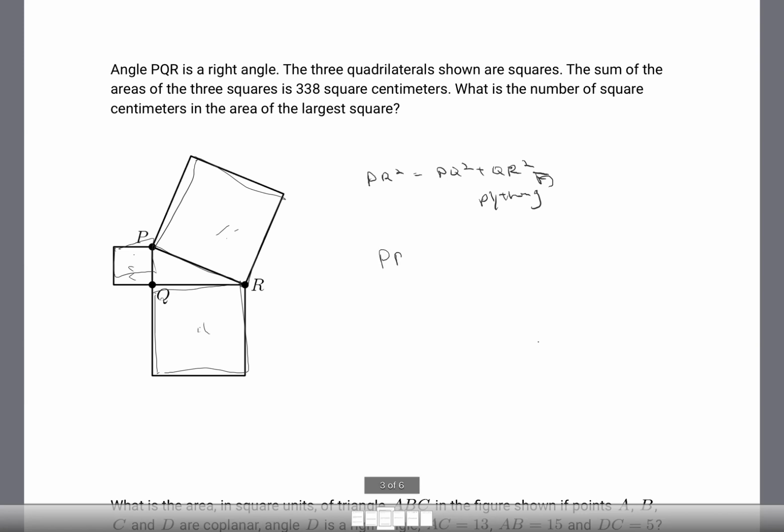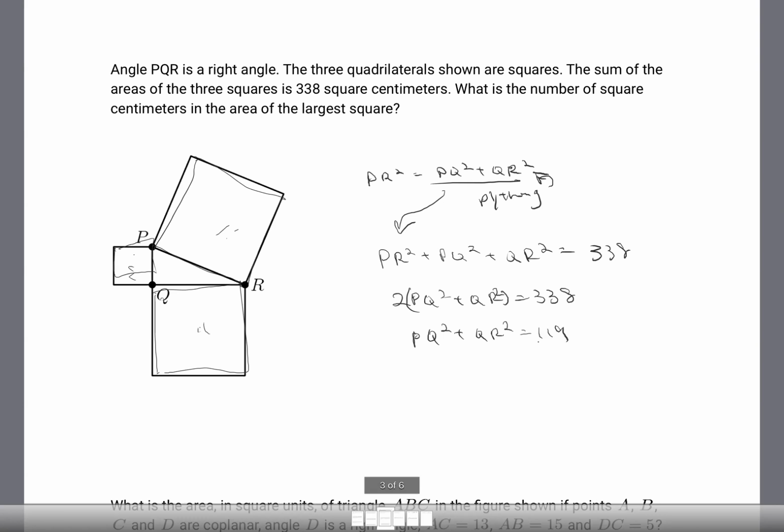So PR squared plus PQ squared plus QR squared equals 338. If we substitute this for PR squared, we get that 2 times PQ squared plus QR squared equals 338. And then PQ squared plus QR squared equals 109. Then we plug this back in, and we get that PR squared equals 169, which is the area of the larger square.